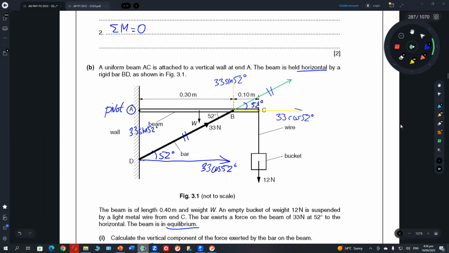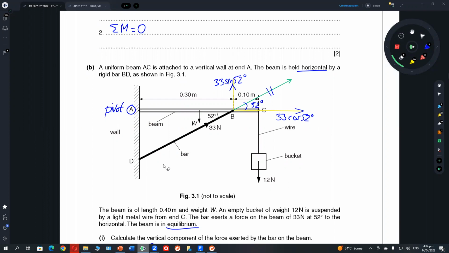We have a force here and we have a force here. Now I'm taking pivot at A. To minimize the working, I'm removing the previous working. Now, can you help me to make the equation? W is in the center. What is the length of the rod?